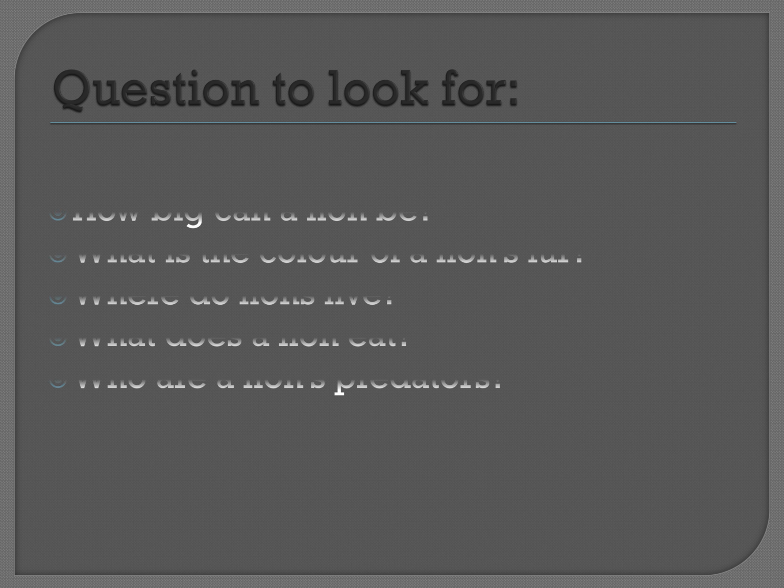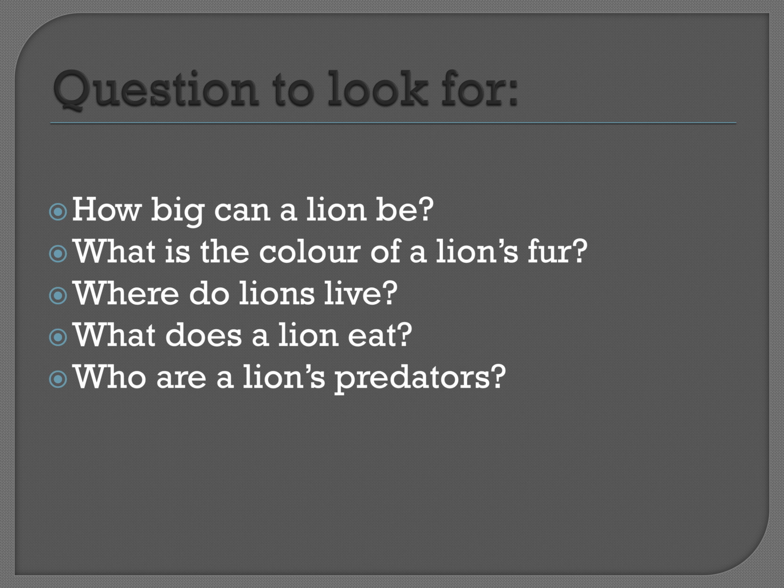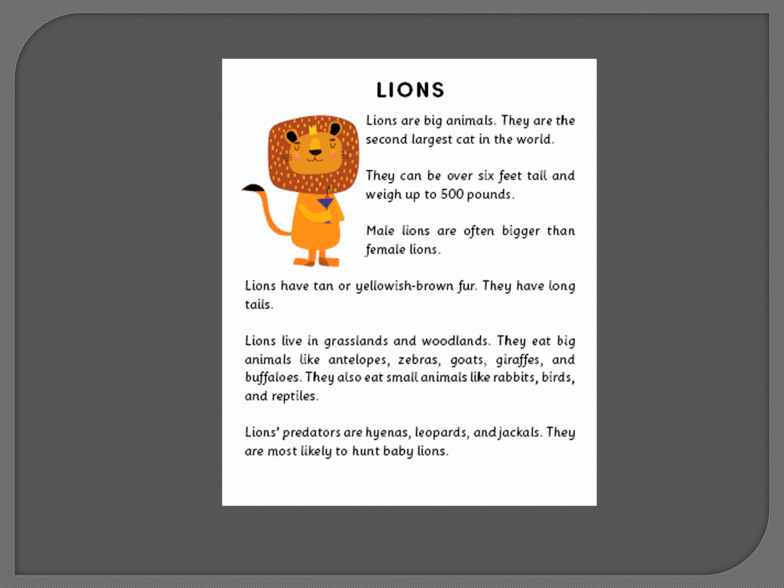Okay, so here are a few questions given. Let's have a look at these questions quietly. There are a few more questions. Okay, let's look at the text now. Can you find the answers quickly?